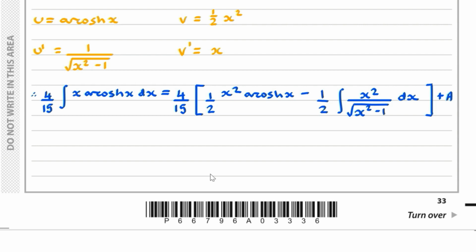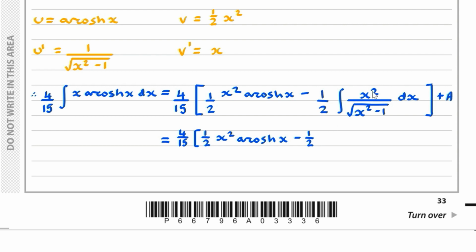So if we use our result from part A, well, we have over here 4 over 15 lots of, well, we've got 1/2 x squared times by inverse hyperbolic cosine of x minus 1/2.